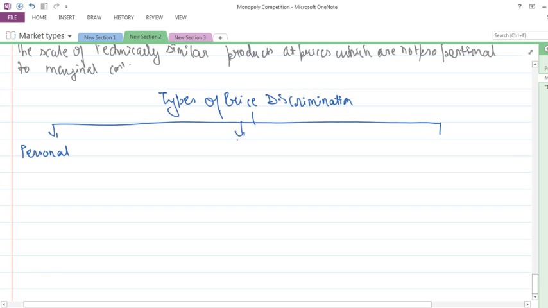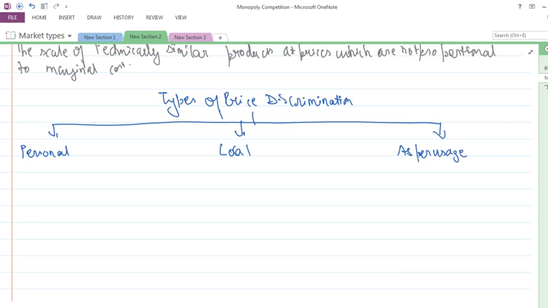Then there is local price discrimination. Then there is price discrimination as per usage. So these are the three different types of price discrimination.